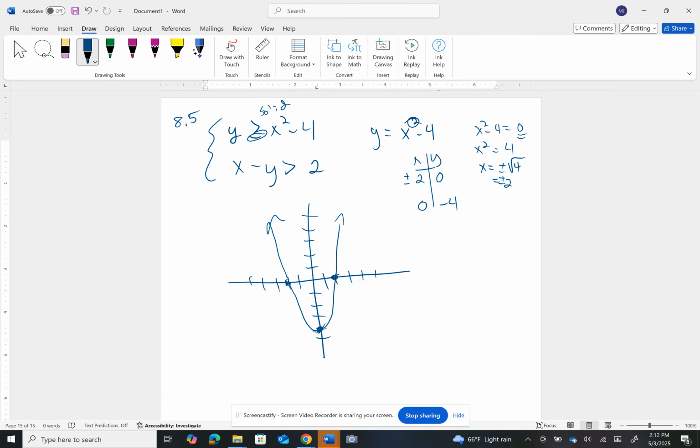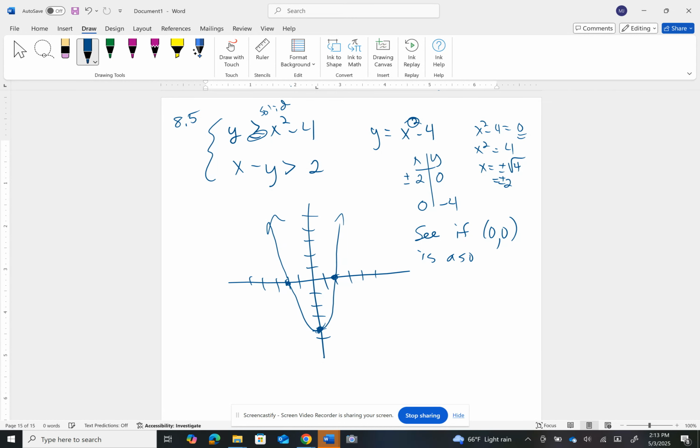Now, before I leave that parabola, I need to decide whether to shade above it, like in the middle here, or outside of it over here and here. You do that by just picking a test point. On that one, I'm going to see if 0, 0 is a solution. You can use any ordered pair as long as it's not on the parabola.